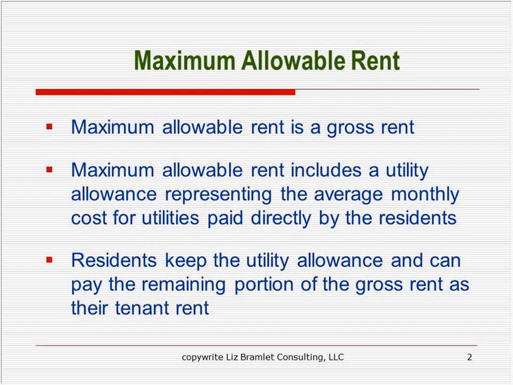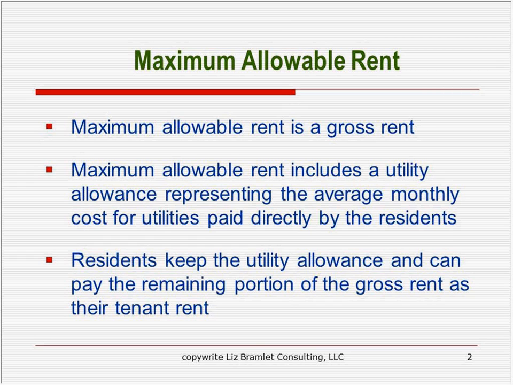In the credit program, the maximum allowable rent, which we learn to calculate using a formula, is gross rent. It includes a utility allowance that's representative of the average monthly cost for utilities paid directly by the residents, paid out of their own pockets.